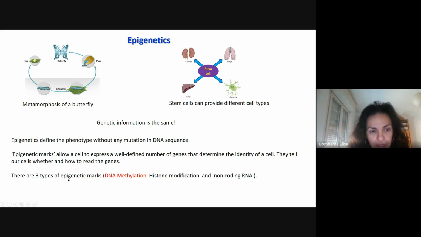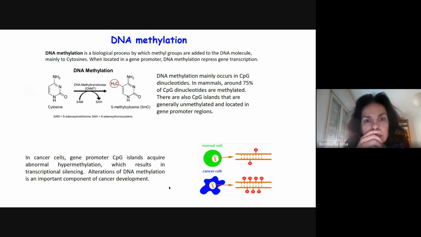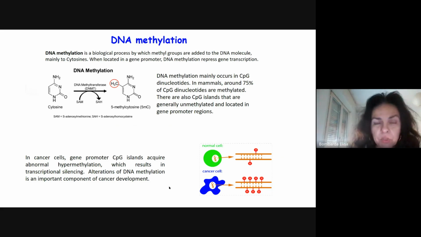Among the three types of epigenetic marks, there is DNA methylation. DNA methylation is a biological process by which a methyl group is added to the DNA molecule, mainly to a cytosine base. As you see, that is the normal one, and there is an enzyme, DNA methyltransferase, which catalyzes the addition of this methyl group.